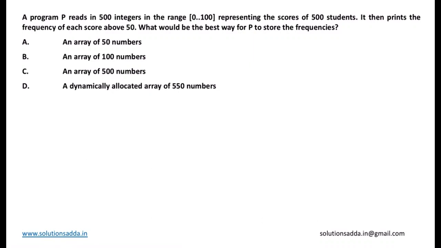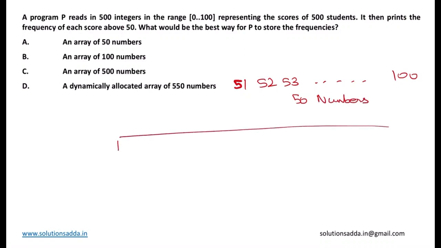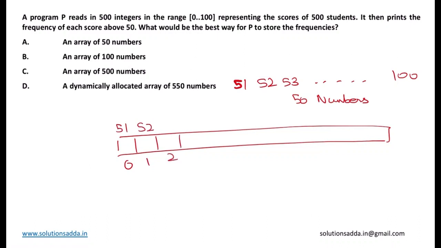So we are storing the frequency of each score above 50. Therefore, we will be storing the frequency of scores 51, 52, 53 up to 100. That is total 50 numbers. For 50 numbers, we need an array of size 50, where the 0th index will store the frequency of marks 51, first index will store the frequency of marks 52, second index will store the frequency of marks 53, and so on.